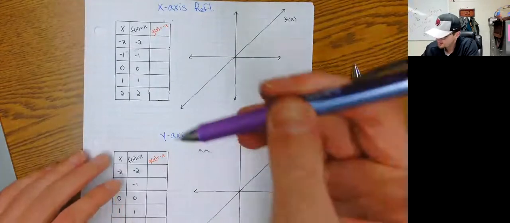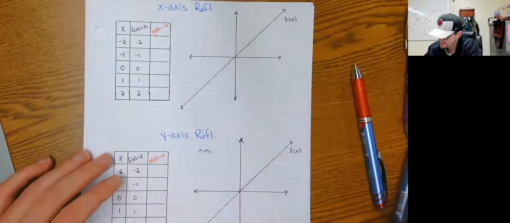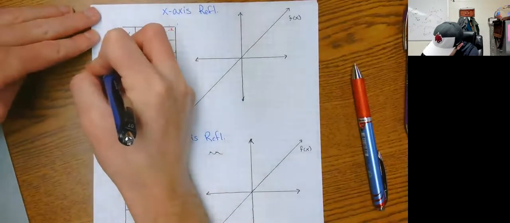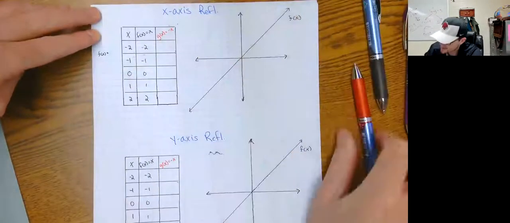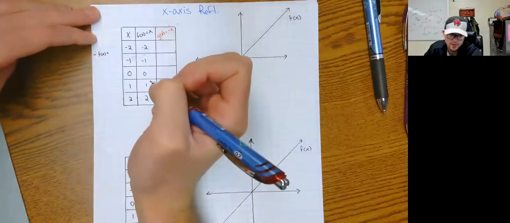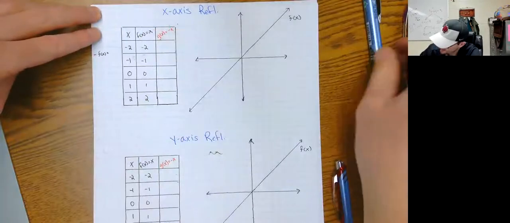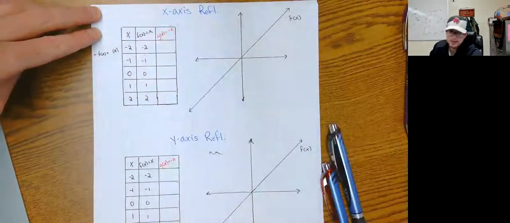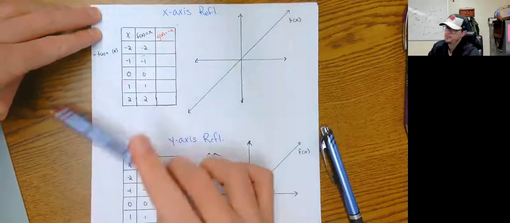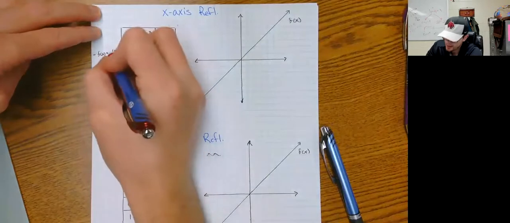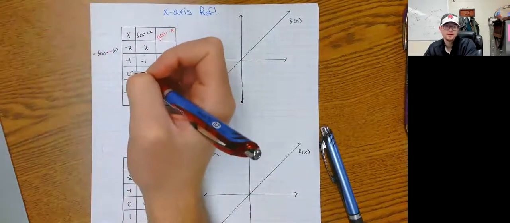So I got my f of x equals, and I'm going to multiply this whole thing by a negative. Then I need to put parentheses around my whole function, which is this x. I know it's silly. For this case, it's just x, but I need to multiply everything by a negative.